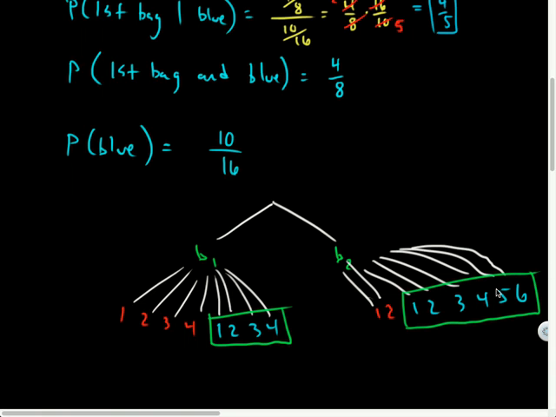And of those, how many are from the first bag? These ones are from the first bag. So if I do purple divided by green, that's 4 out of 4 plus 6, which is 10, and I end up getting 2/5.